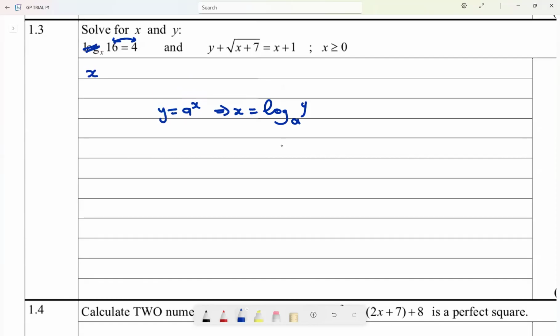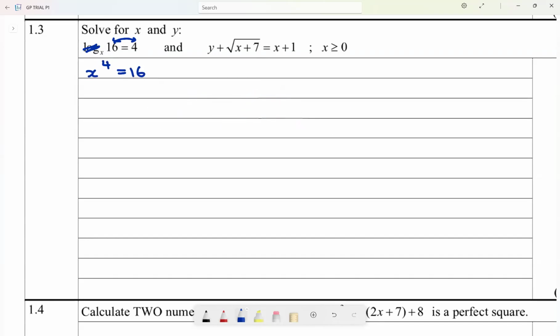So this will be the same as x is equal to, I drop the log, then these two swap the position. When these two swap the position, it will no longer be x to the power of 16, I'm calling it wrongly. It's not necessarily x to the power of 16, but it is log x base 16, or log 16 base x, whatever. So 16 will now be x to the power of 4, and then 16 will go to the other side like this.